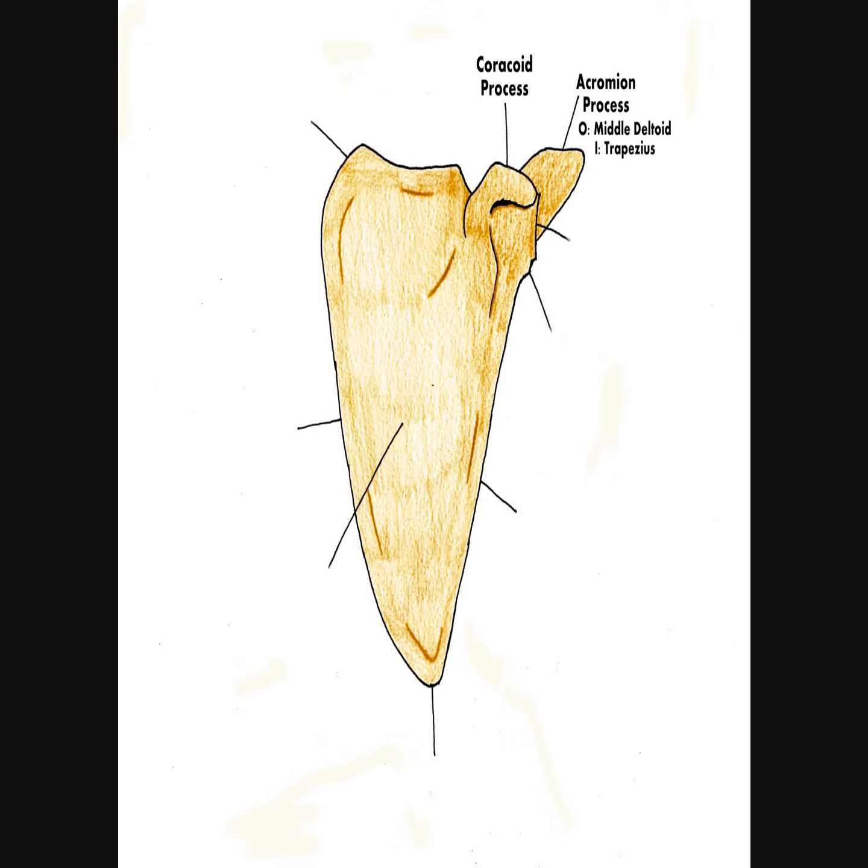The third muscle inserts onto the coracoid process. This muscle is responsible for protraction or abduction of the scapula. It originates on ribs 3, 4, and 5, so it's on the anterior surface of the body. And when it contracts, it pulls the scapula in.